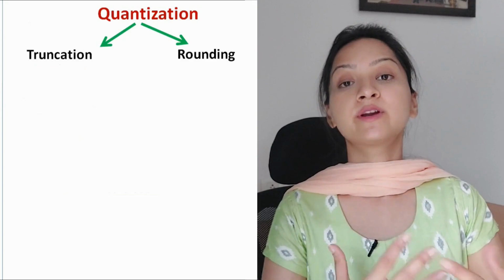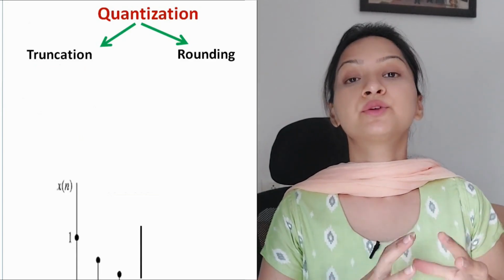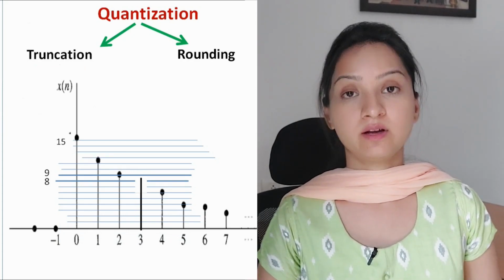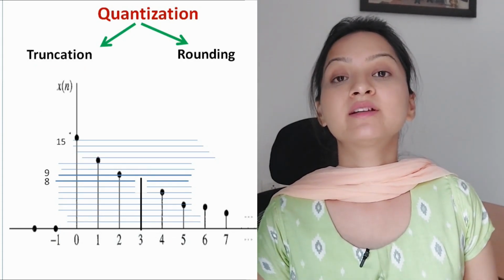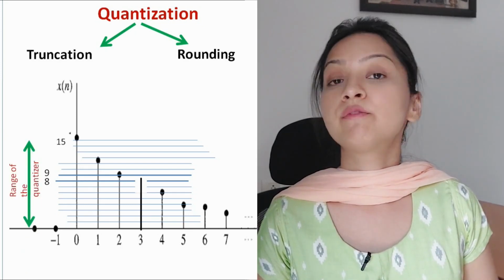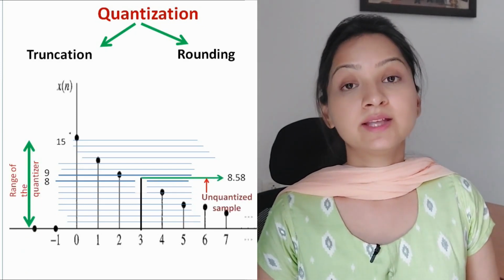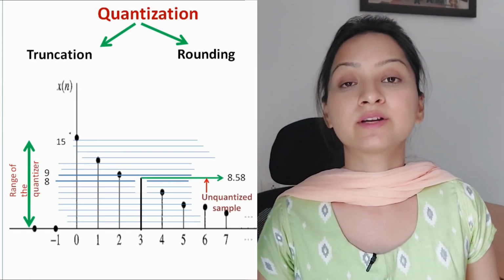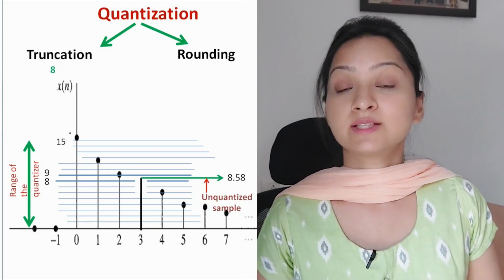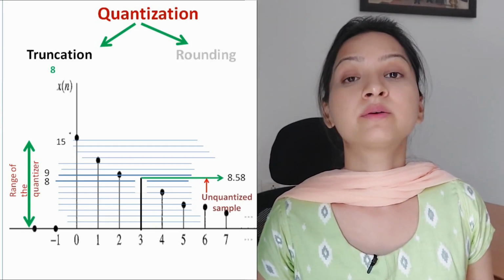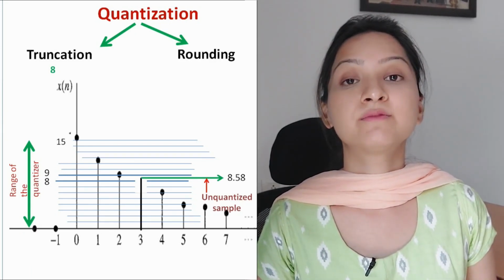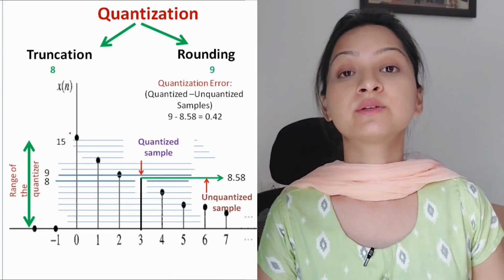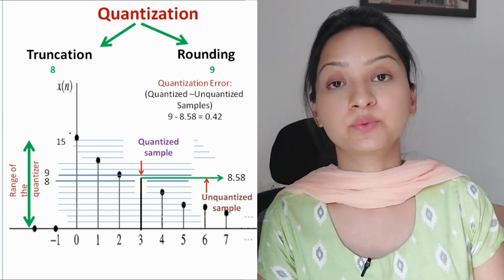For example, if in a digital signal 0 to 15 integer values are allowed, and if your continuous valued signal is, for example, having a value of 8.58, then in the quantization process you will be employing the method of truncation, that is, you will be dropping the decimal places altogether, or rounding off the value using significant figures. We say that we have quantized the continuous valued signal to integer values.